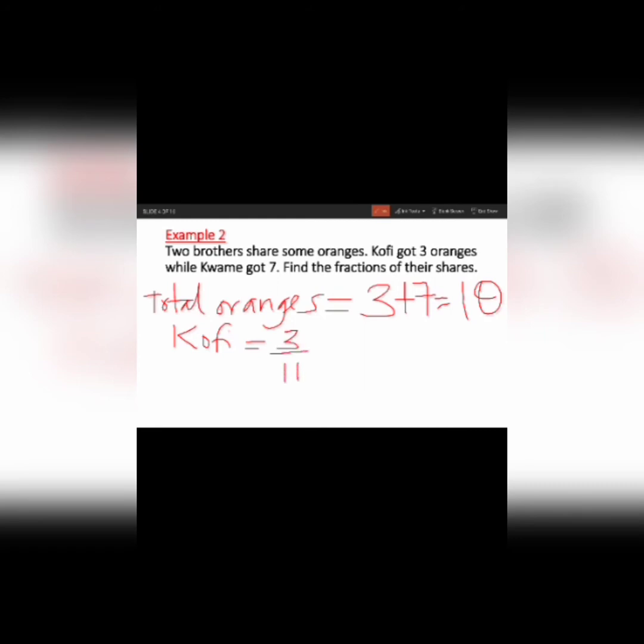And what's the total? 10. And then Kwame too. Kwame, what did he get? 7 over total 10. So fraction for Kofi is 3/10. Fraction for Kwame is 7/10. That's for this question.